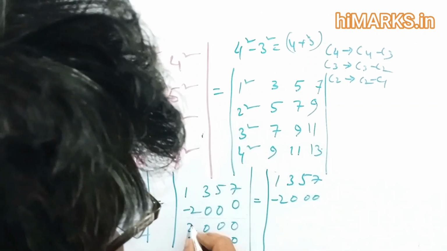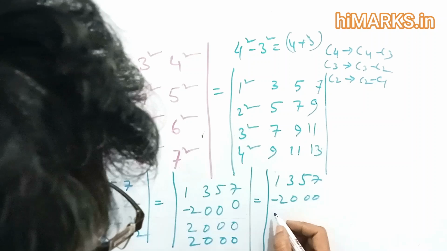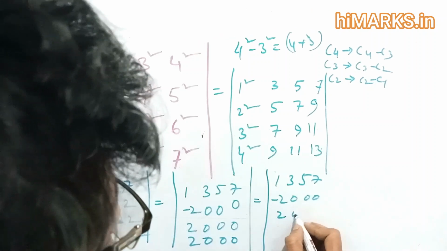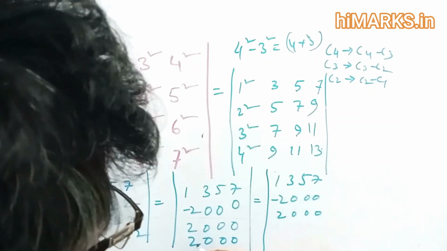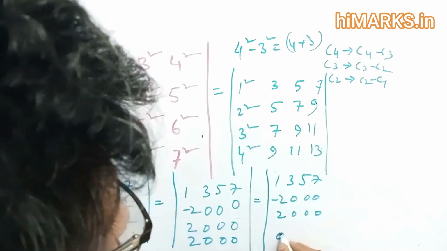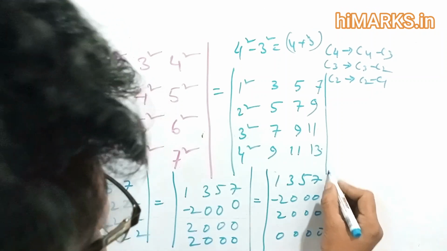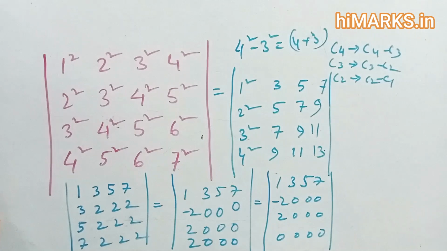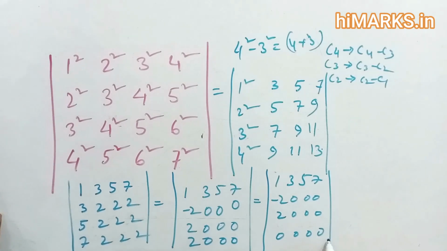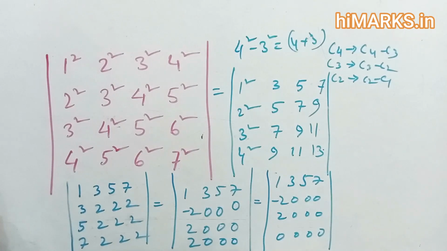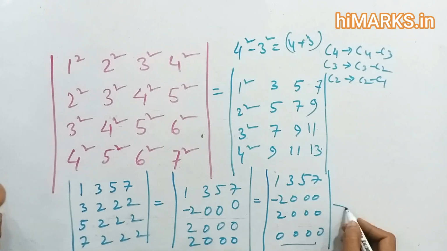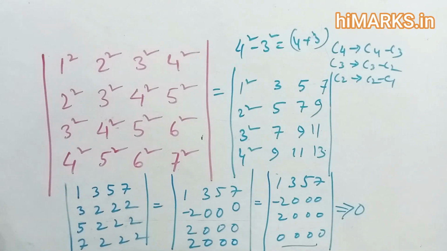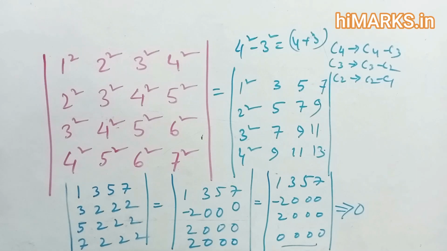And this minus this means 0, 0, 0, 0. So one of the rows itself became 0, so the determinant is 0. I think there could be some other way to prove it more easily, but as of now, this is what I can think of.